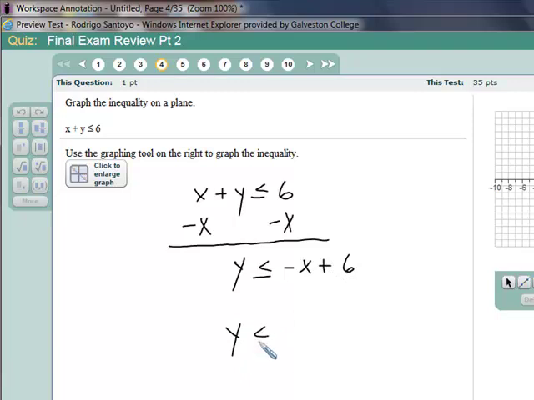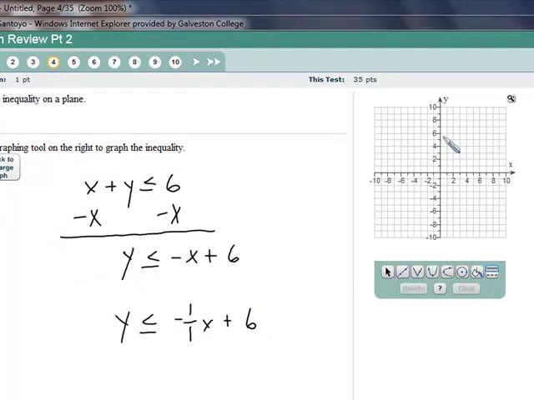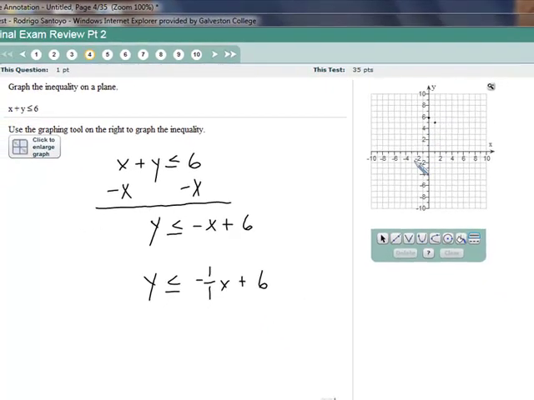But remember, we could rewrite this as negative 1 over 1. That way we could see what our rise and our run is. So we start at 6, and now we're just going to go down 1 over 1. It's going to be solid because of our inequality sign. So our line is going to end up looking something like that. Now, remember, it's an inequality, which means we must shade.